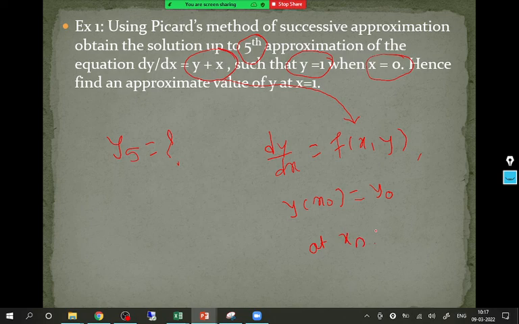So these are the things we have. So what is this y is 1 and x is 0 in this notation? Quick. So x naught and y naught. Yeah, correct.